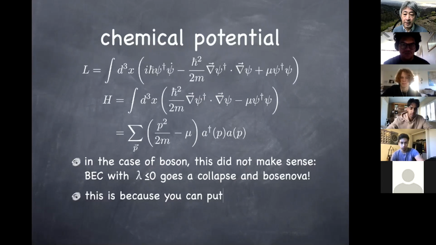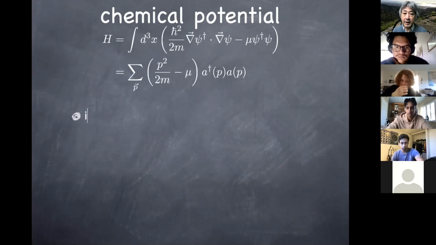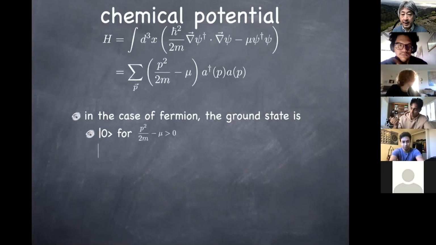So for bosons, positive chemical potential without repulsive interaction didn't make sense. But for the case of fermions, even in the absence of interactions, the ground state is well defined for a positive chemical potential. That's the first statement.